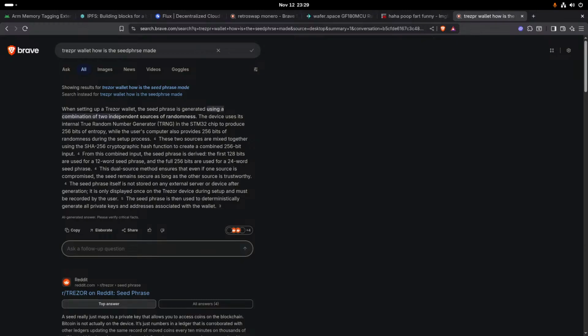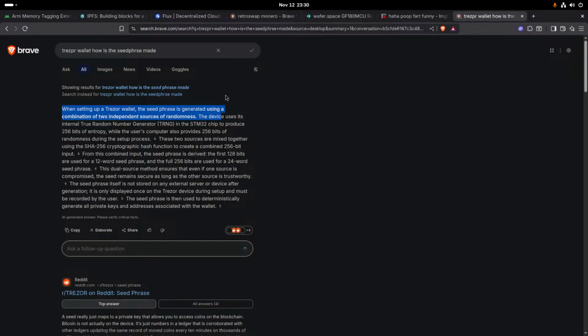How would I prove this in a comment? You have to test the entropy. Well, testing the entropy is right here. It's right in front of you. When setting up a Trezor wallet, the seed phrase is generated using a combination of two independent sources. The device uses its internal true random number generator, the TRNG, and the STM32 chip produces 256 bits of entropy, while the user's computer also provides 256 bits of randomness during the setup process.